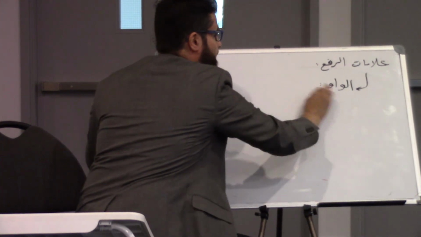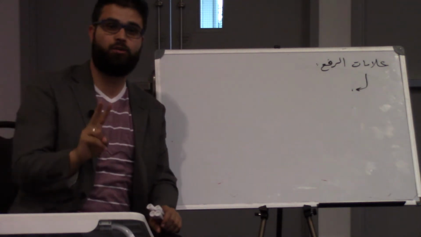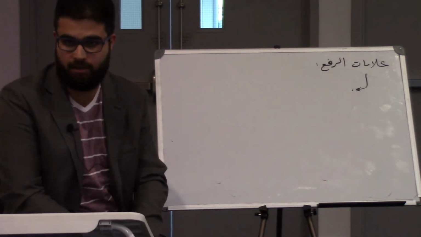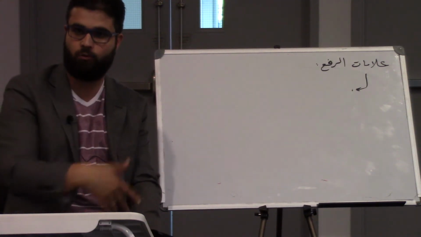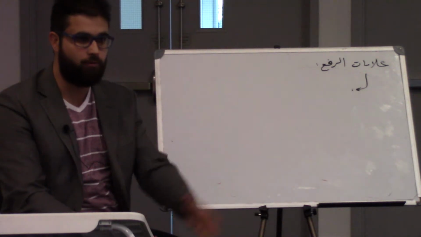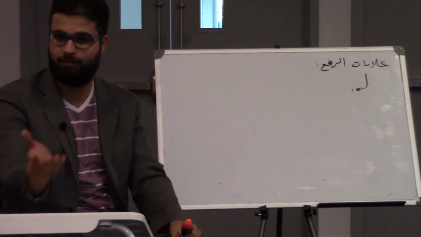So the waw is the marker of rafa' for two types of words. For the sound masculine plural, jam' al-mudhakkar as-salim. Examples: muslimun, mu'minun, ta'ibun, qanitun, na'imun, mut'abun, which is basically our status, sa'imun, inshallah, if any of you are.